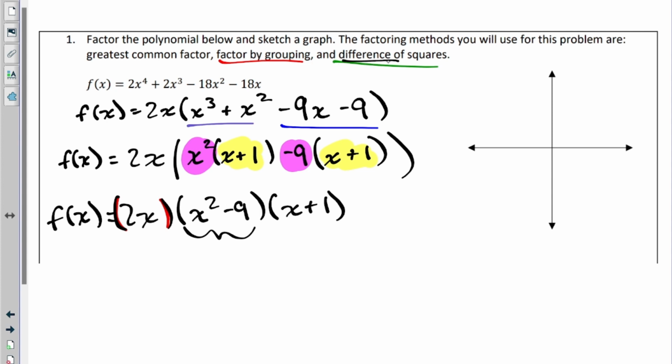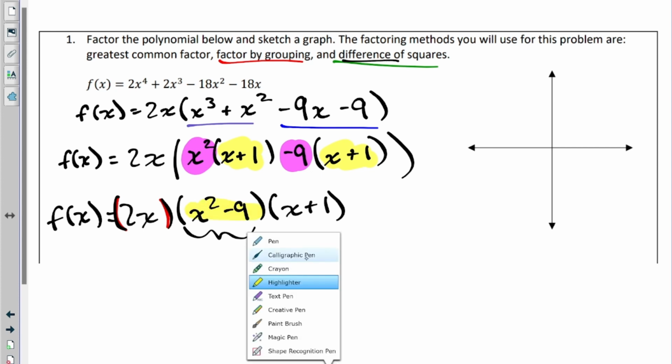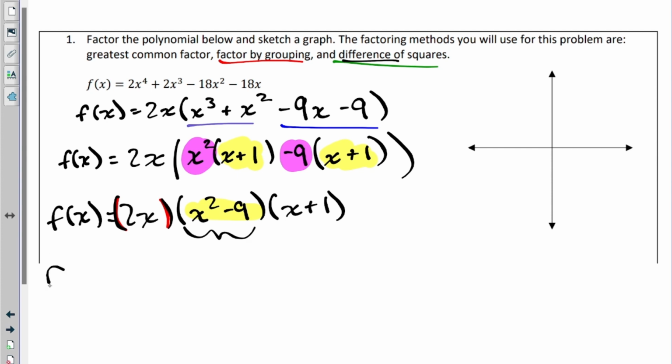And so you just have to remember this rule with difference of squares. This thing can simplify into this. Becomes f of x equals, we still have this 2x, but this thing now becomes x minus 3 and x plus 3, right? If I multiplied them out, I'd eventually get an x squared from the x times x.